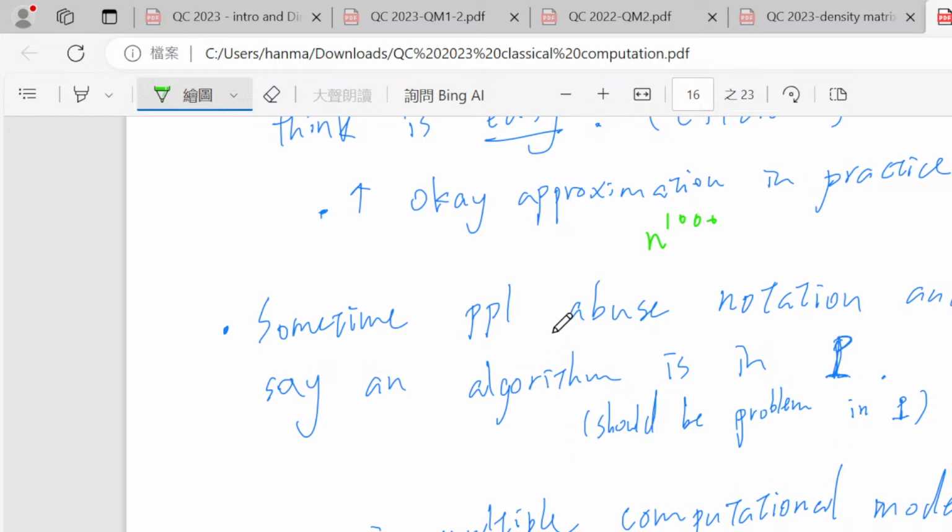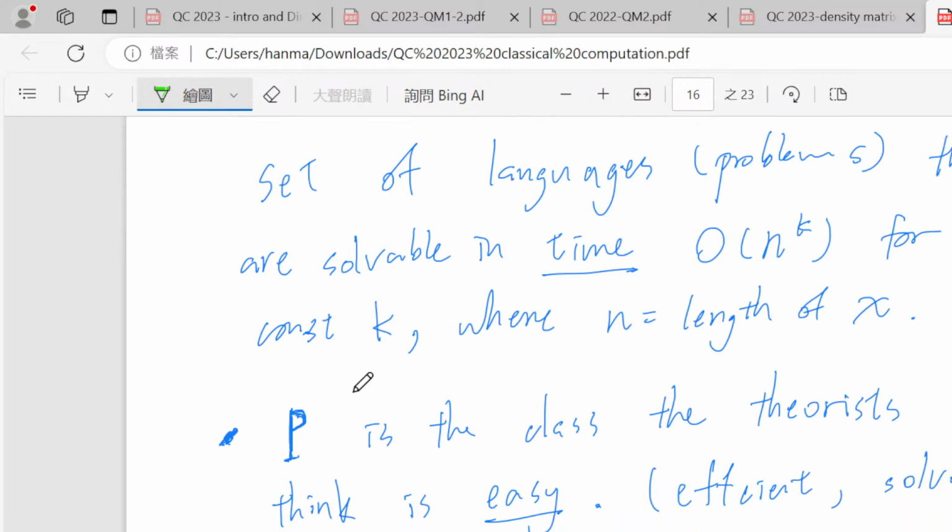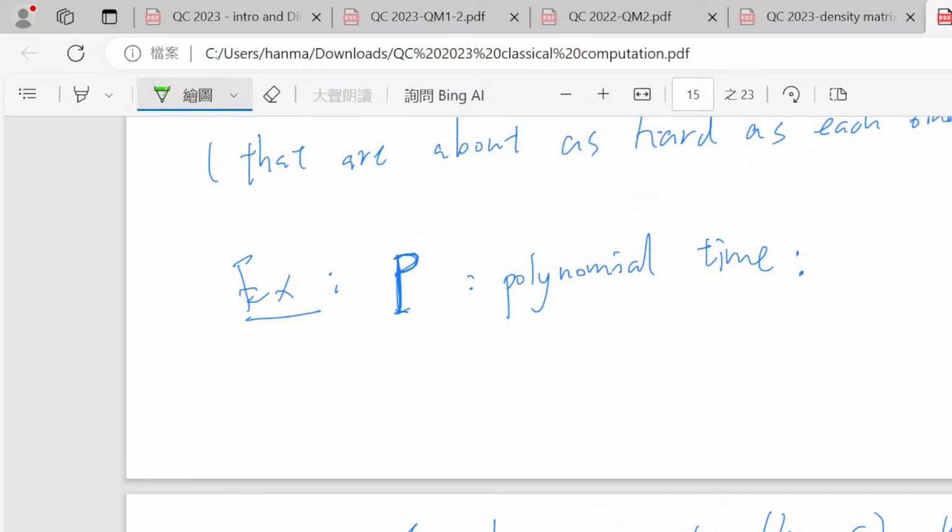And then there is a notation thing. Sometimes we will abuse the notation and say an algorithm is in P. This is a really subtle thing. Because we define P as a class of problems, right? And problems and algorithms are different.